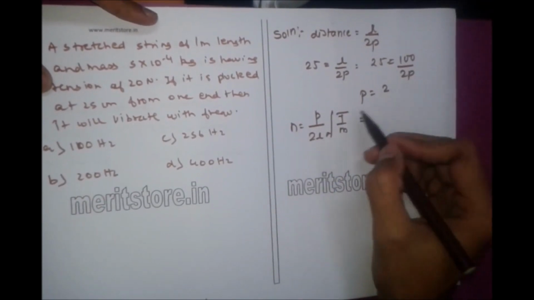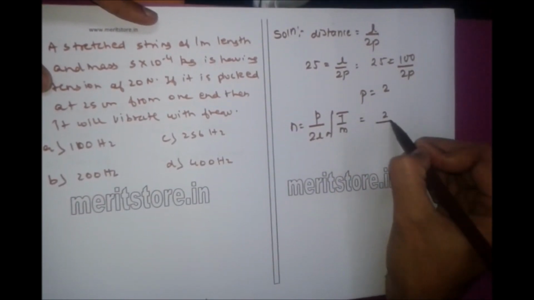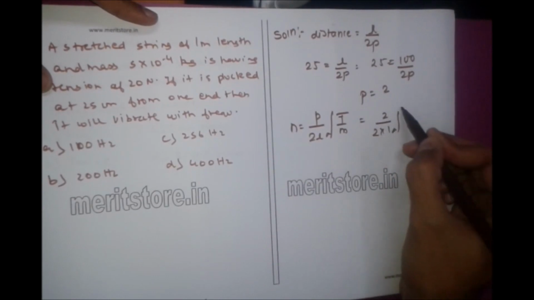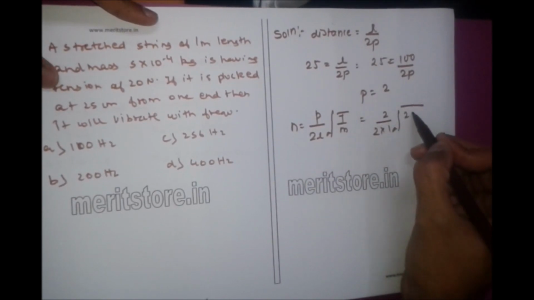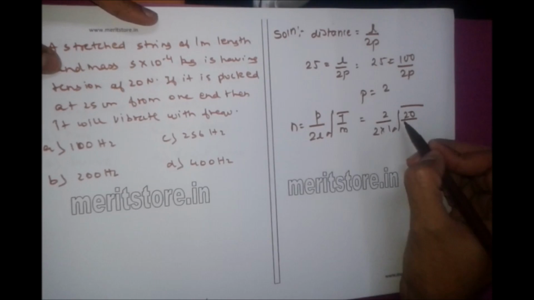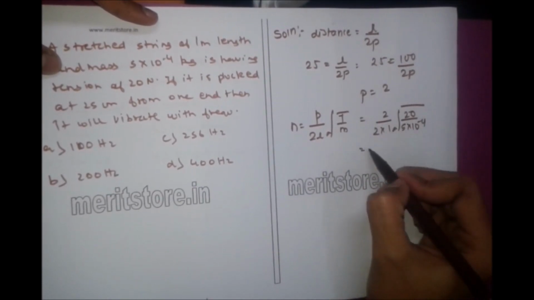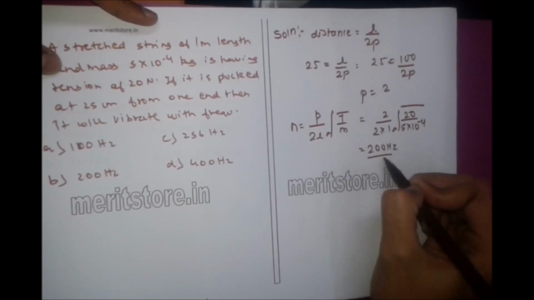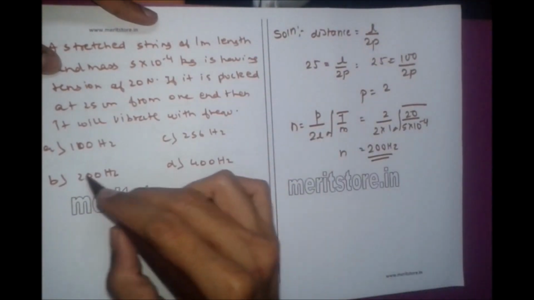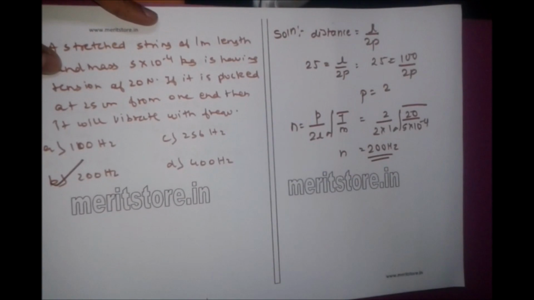Next, that is 2 upon 2 into 1 under root, the tension given is 20 upon the mass, 5 into 10 raised to minus 4. Calculating the entire thing, the value comes out to be 200 hertz. So the frequency is 200 hertz, it is B.